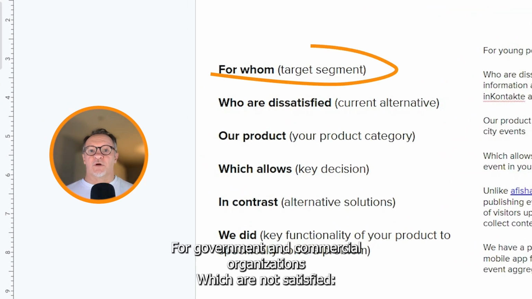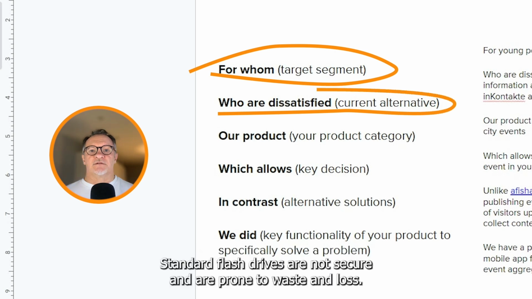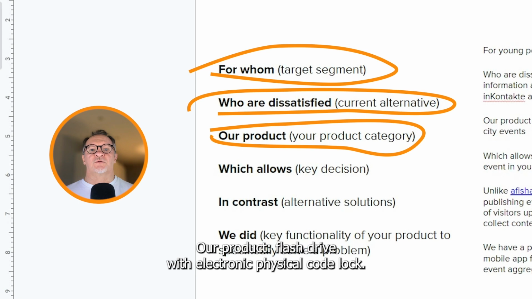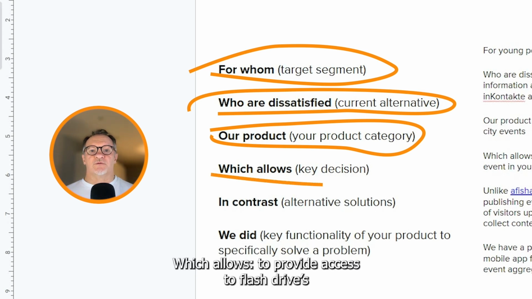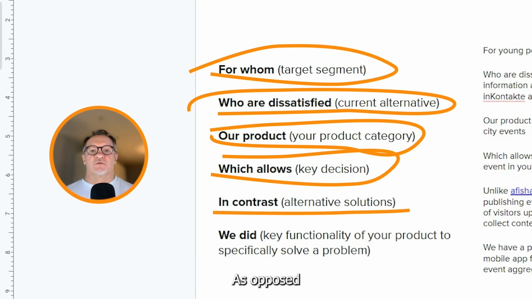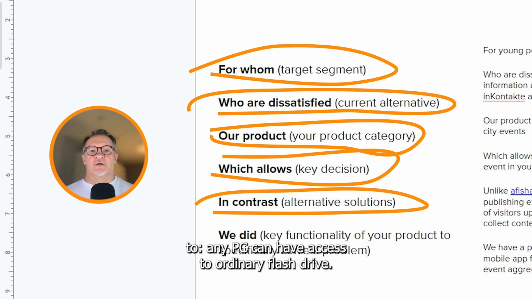For whom? For government and commercial organizations which are not satisfied. Standard flash drives are not secure and are prone to waste and loss. Our product, a flash drive with an electronic physical code lock, allows access to the flash drive's content only for users who know the code, as opposed to any PC having access to an ordinary flash drive.